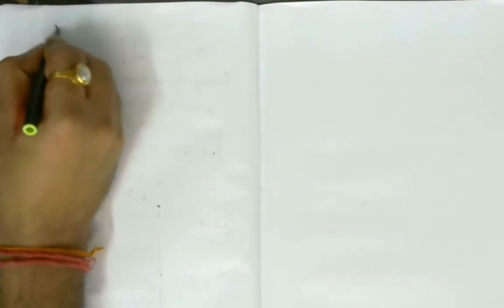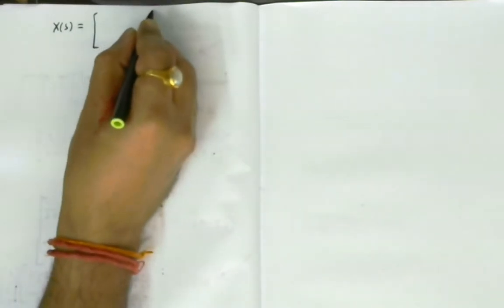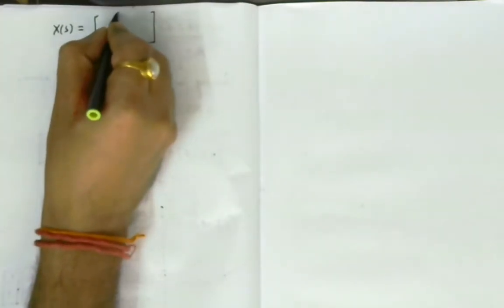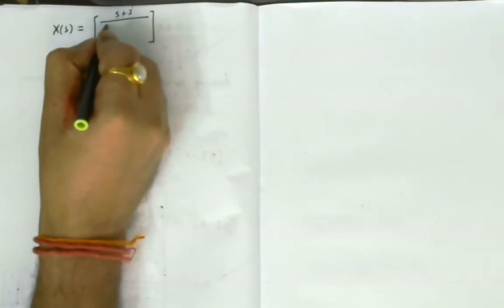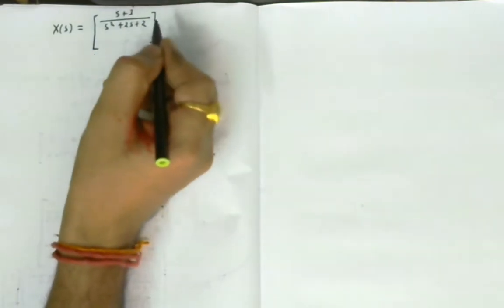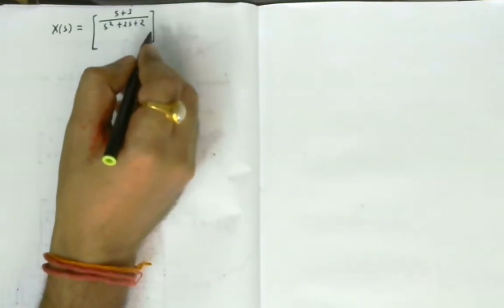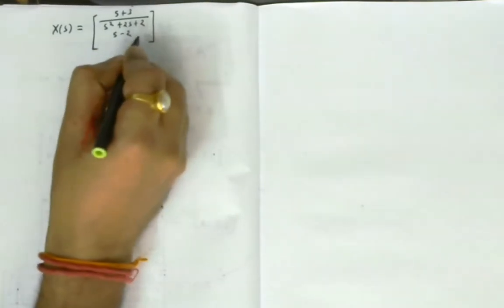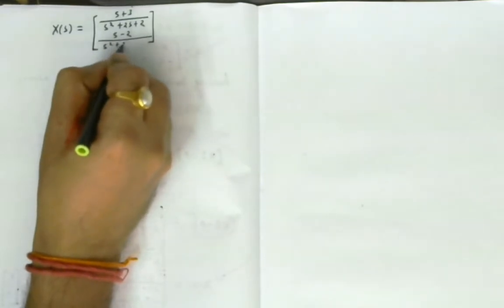X(s) is equal to (s plus 3) by (s squared plus 2s plus 2), and (s minus 2) by (s squared plus 2s plus 2).